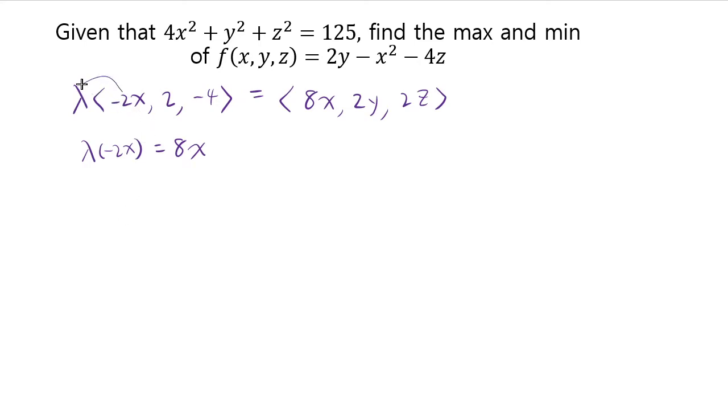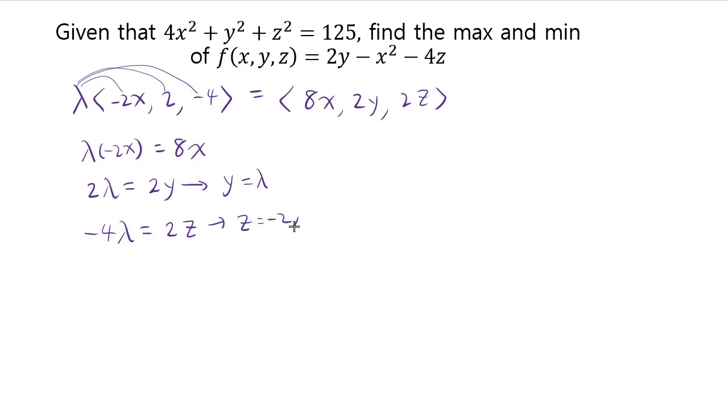See, lambda gets multiplied, and they have to be equal to 8x, 2y, 2z, so the next one would be 2 lambda equals 2y, and negative 4 lambda equals 2z. And see, this one will be y equals lambda. This will be z equals negative 2 lambda.